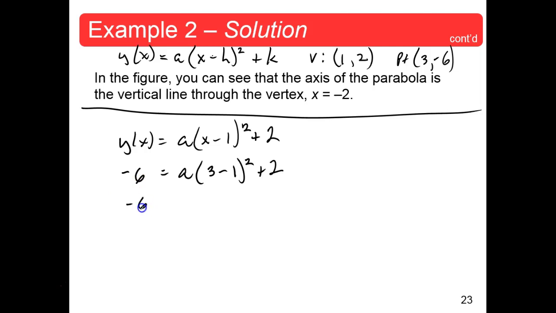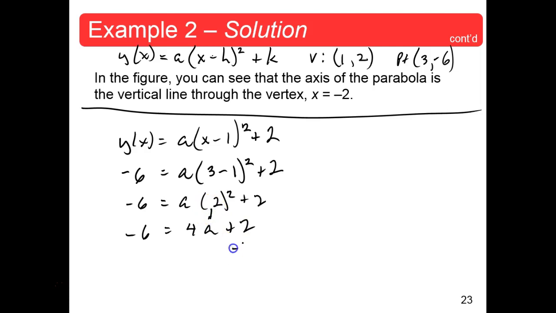This will be a -6. I can do that. -6 is equal to a times, and what's 3 minus 1? 2 squared plus 2. That would be -6 is equal to, what's 2 squared? 4a plus 2. Now what do we do to solve for a? That's what we're looking for.